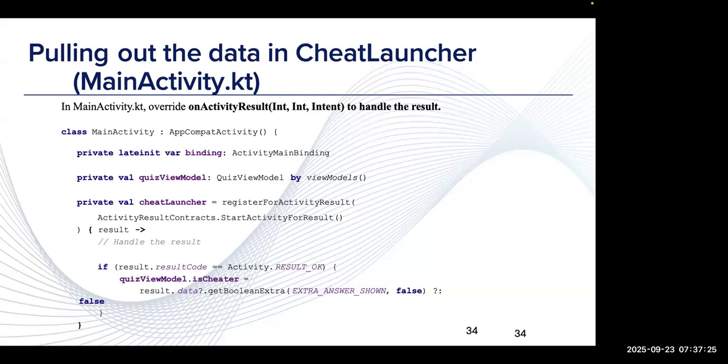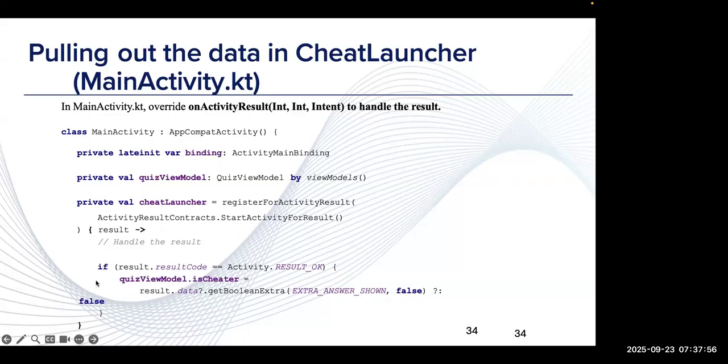Now pulling out the data from the cheat launcher. To do this, we're going to get another value called the cheat launcher, and this one is to register for the activity results. Remember, this is what the main activity needs in order to listen and get information from that second activity. So register for activity result, the activity result contract, start activity for result.